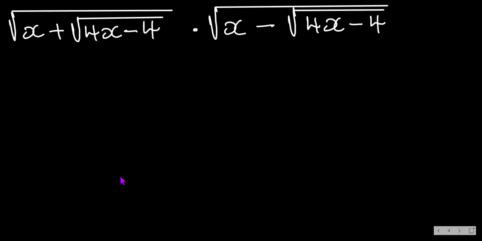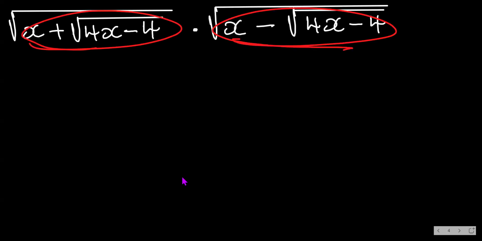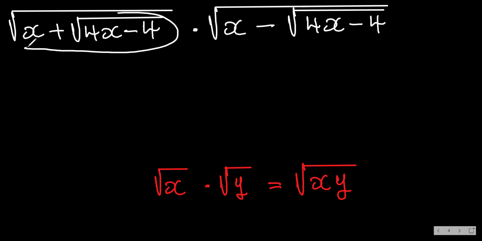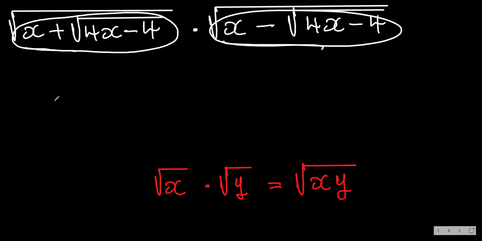Okay. Firstly, we can see that these two things are completely different from each other. So it's like we are having the square root of x multiplied by the square root of y, and we know that this is the same as square root xy. That is what we know. So we are going to try and apply this. In other words, the whole thing here becomes x and the whole thing there becomes y.